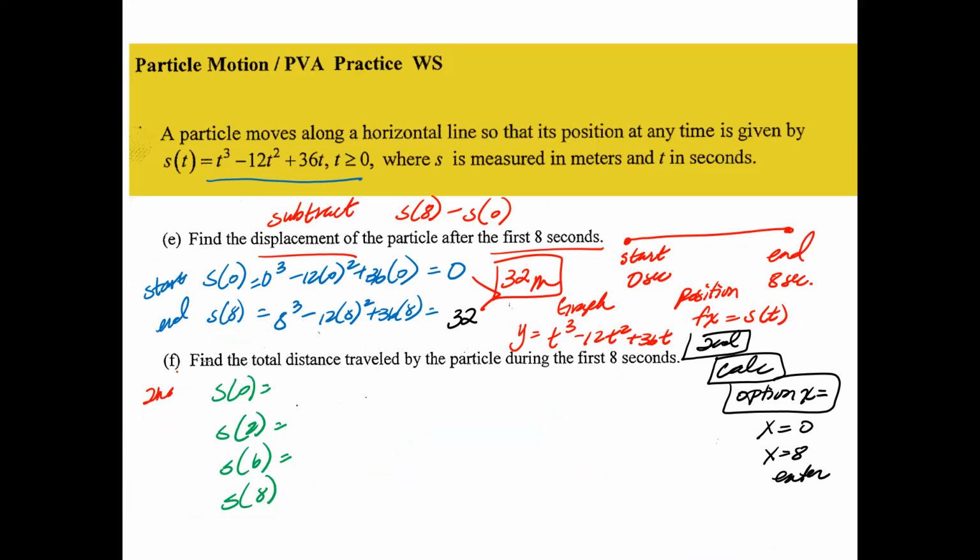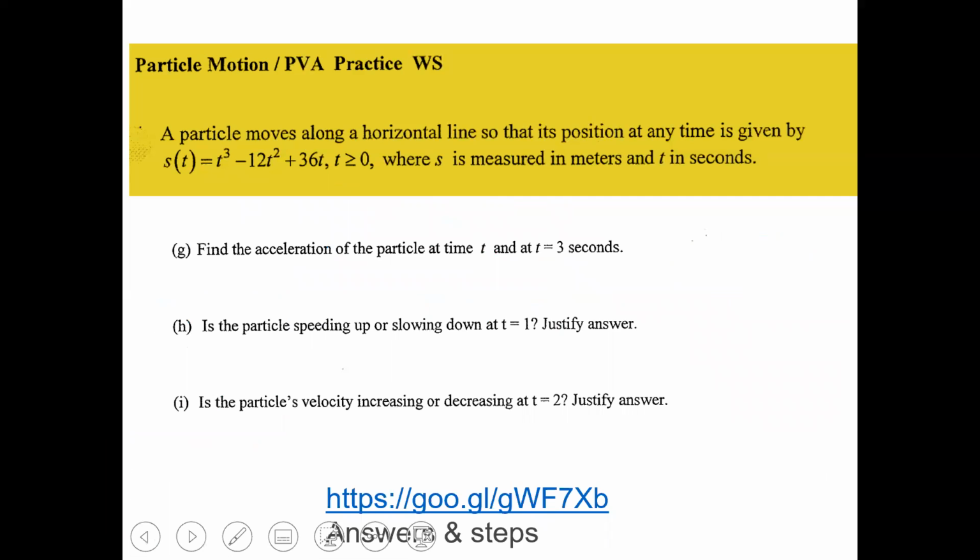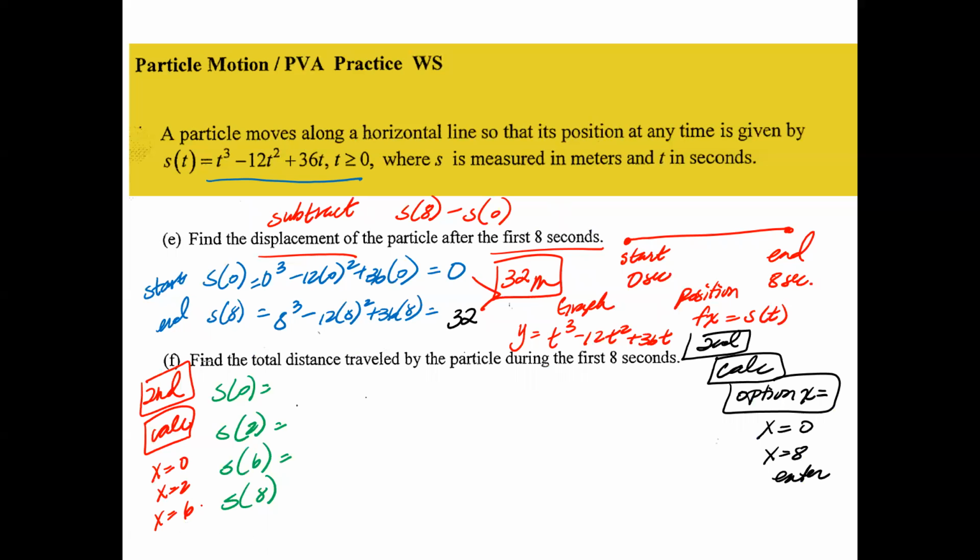I would recommend doing the second calc option and just type in X equals 0, X equals 2, X equals 6, oops, X equals 8. Okay, so then S of 0, you have a 0 there, a 32 for 2. At S of 6, it's 0. S of 8, it is 32.